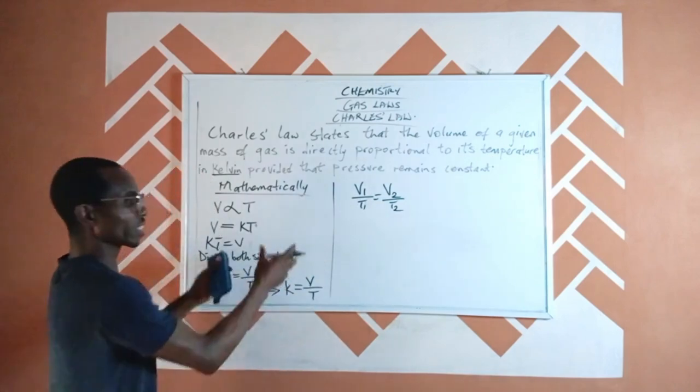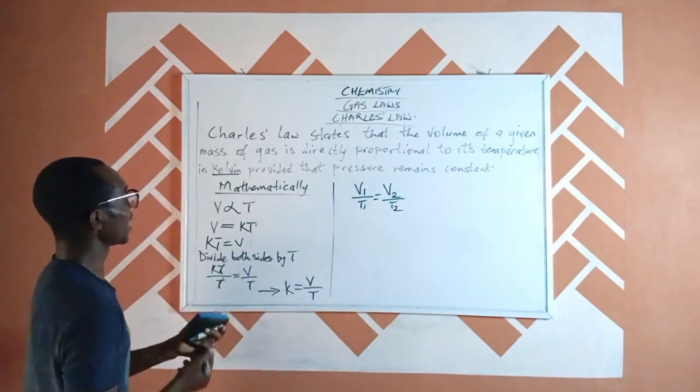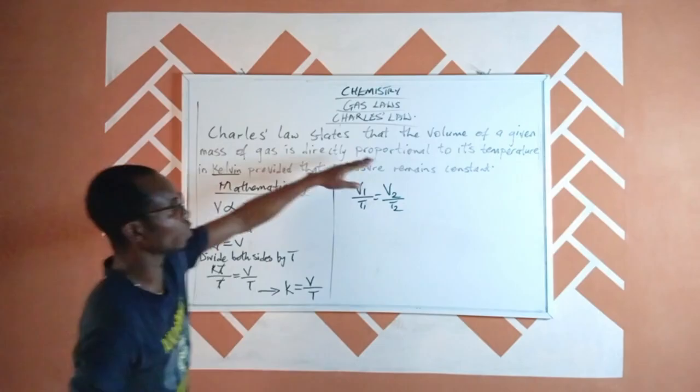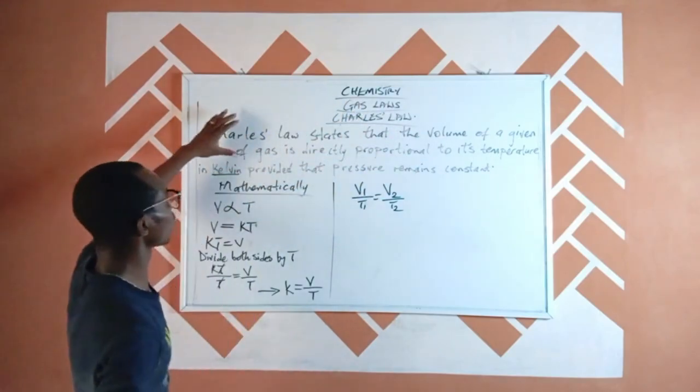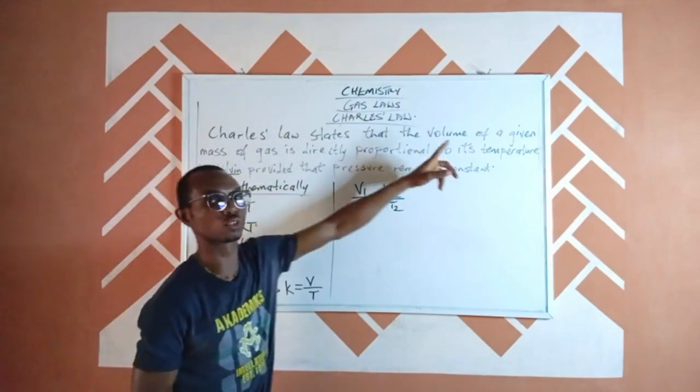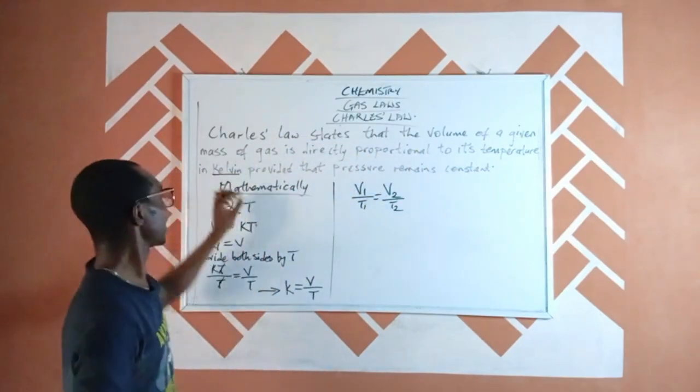So that is what Charles law is trying to tell us, that at constant pressure, the volume of a gas is directly proportional to its temperature in Kelvin.